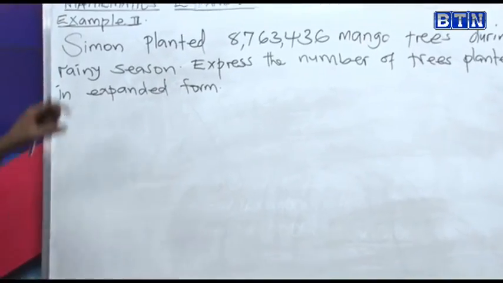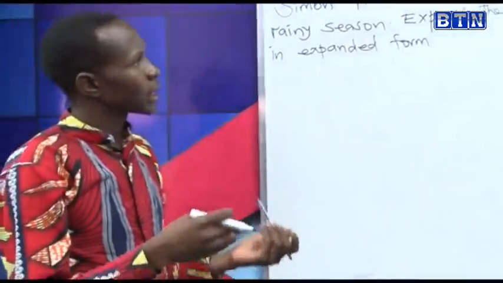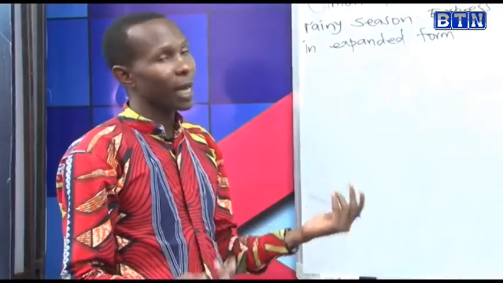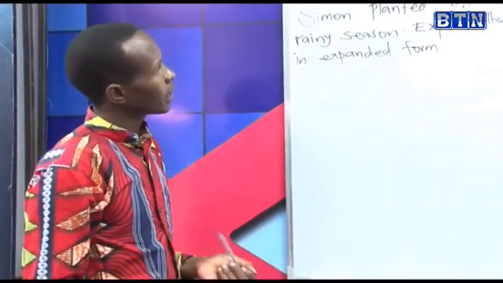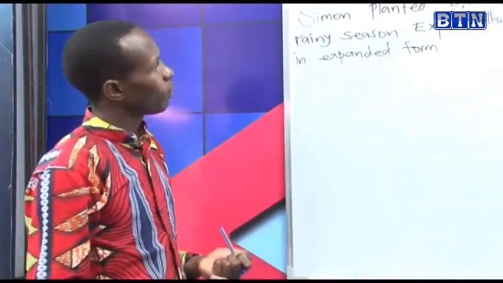So they have given us the number of trees that he planted during rainy season. When they talk of rainy season, everyone understands that is the period when we receive rain, and this is the period mostly people plant crops. So they want us to express the number of trees he planted in expanded form.